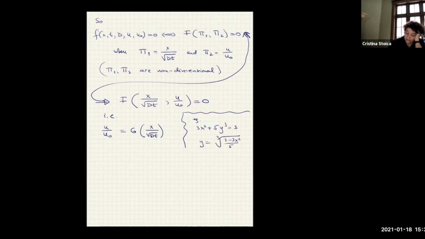That's exactly what I'm thinking. Like this would be the f, whereas this is y equals g of x. See what I mean? So this relation with f, if we could express it explicitly, one as a function of the other one. So let's assume we can do this.